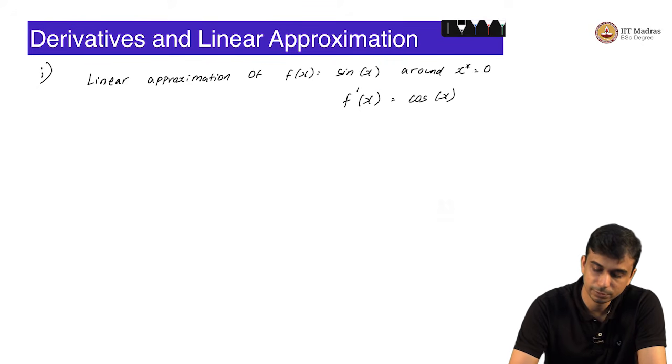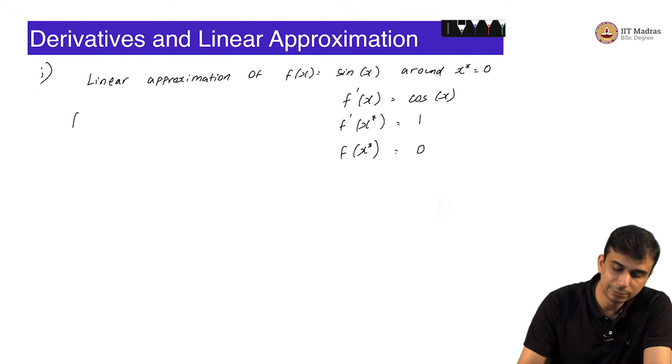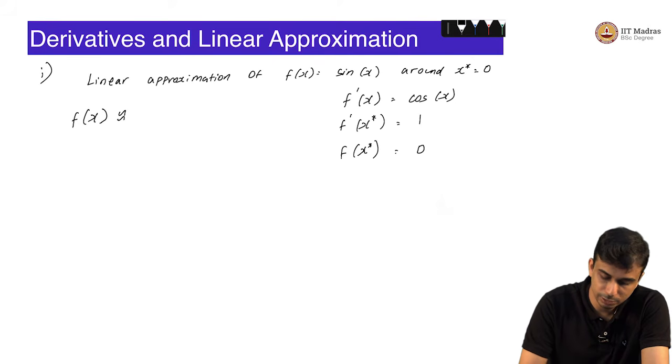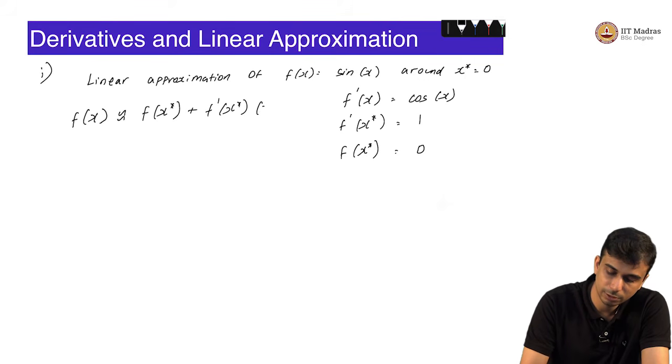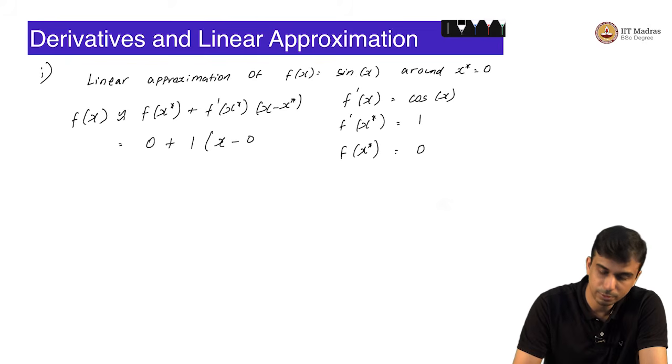F dash of x is simply cos x. F dash of x star is cos 0, which is 1, and f of x star is sin 0, which is 0. With these three facts put together, we can say f of x is approximately equal to f of x star plus f dash of x star times x minus x star, which is 0 plus 1 into x minus 0.